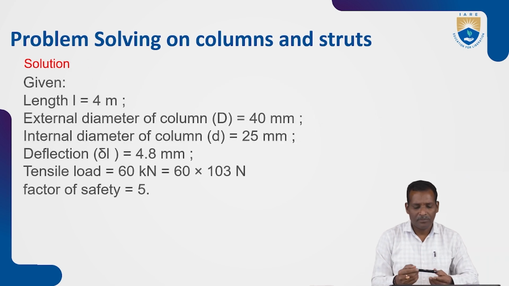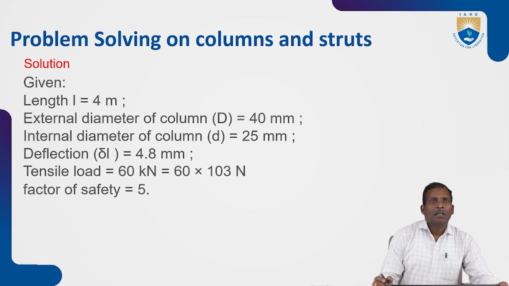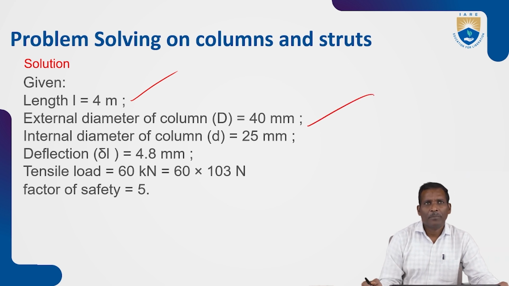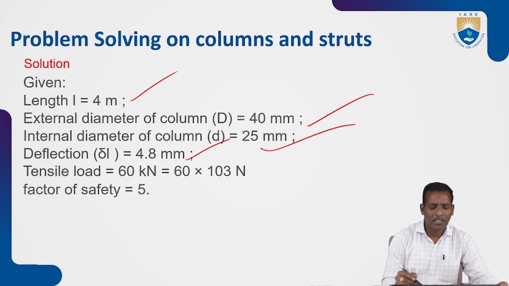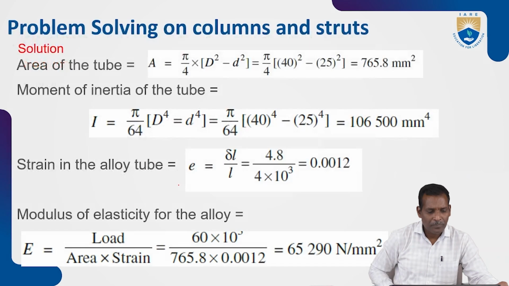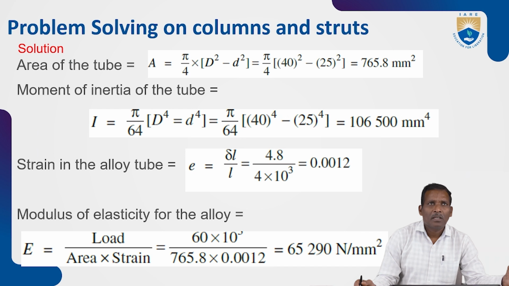So the given data: L 4 meters. The external diameter of the column 40 mm. The internal diameter of the column 25 mm. And deflection delta L and tensile load 60 kilonewtons converted into newtons and factor of safety also given. So now the area of the tube calculate.